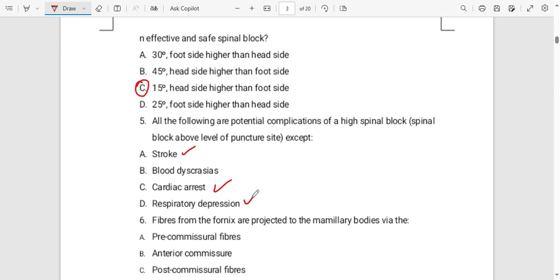Respiratory depression: remember, the respiratory centers are found in the brainstem. So the brainstem is also not working, because there is a block. But blood dyscrasias are just blood disorders, things like leukocytosis, because the bone marrow is not producing blood. But what does the production of blood have to do with nerves? So that effect isn't going to be there. So that one is out.